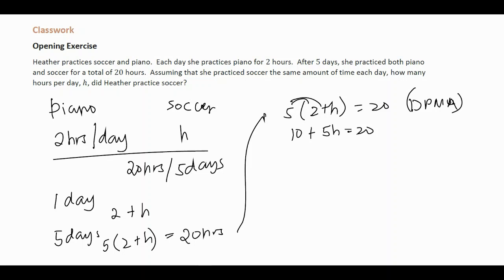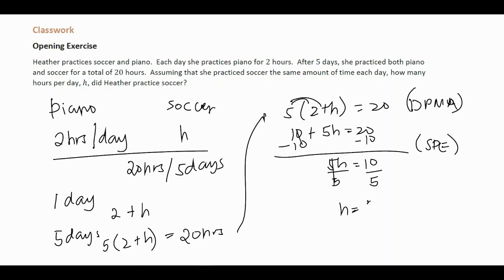We just multiply, right? Distributive. So it's going to be 5h equals 20 minus 10, which is 10. That is SPE, subtraction property of equality. And this one, we divide both sides by 5. h is equal to 2. So it means every day she spends 2 hours for soccer training.